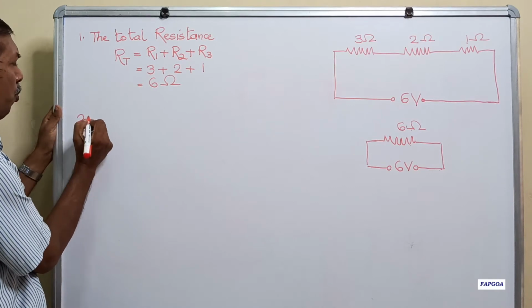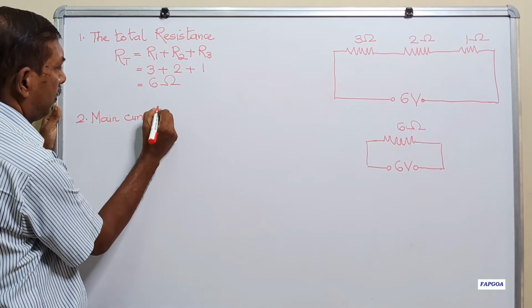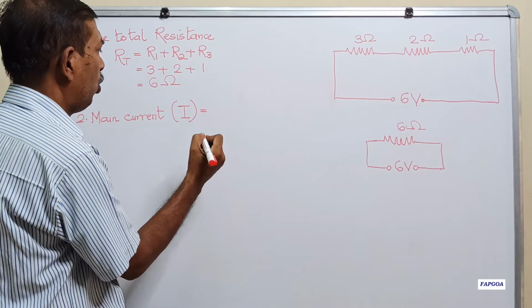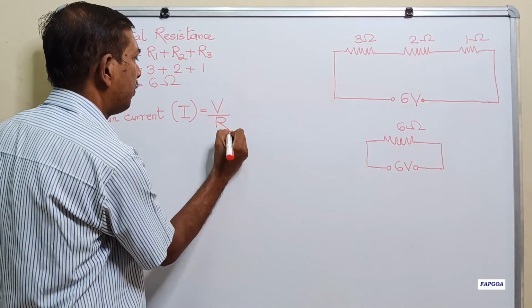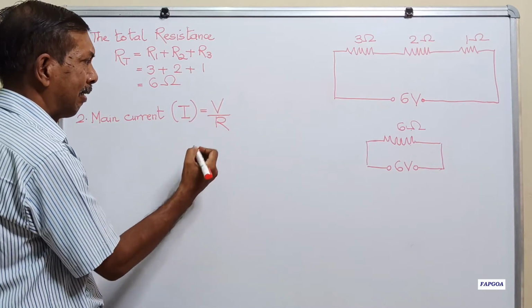Point 2, main current. I is equal to voltage upon R. So current is equal to voltage upon resistance.